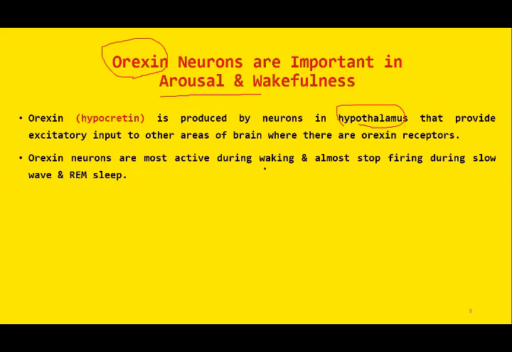So release of orexin from the orexin neurons is dependent on the sleep wakefulness cycle. The orexin neurons are active when you are awake and they are dormant when you are asleep.